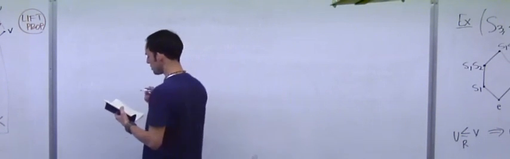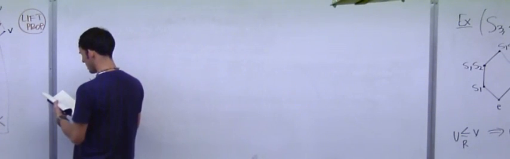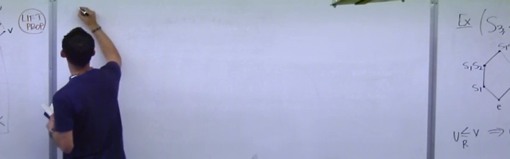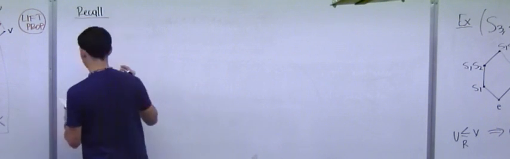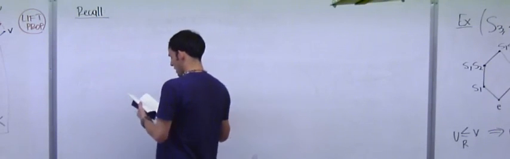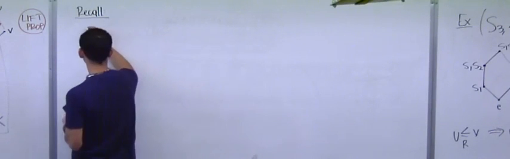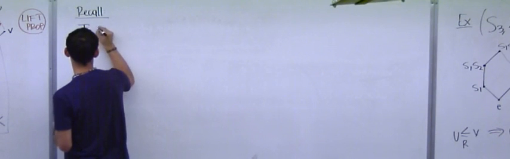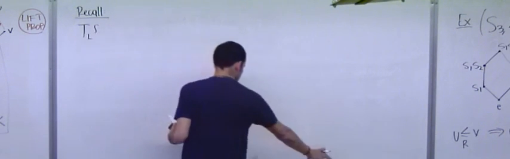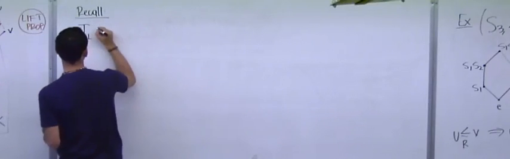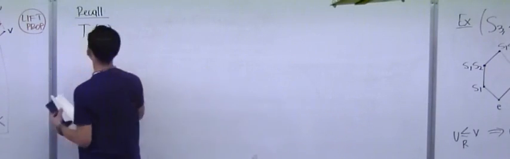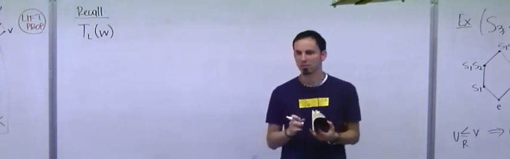For that, let me remind you of a definition. Given an element W of a Coxeter group, we've used this set several times.